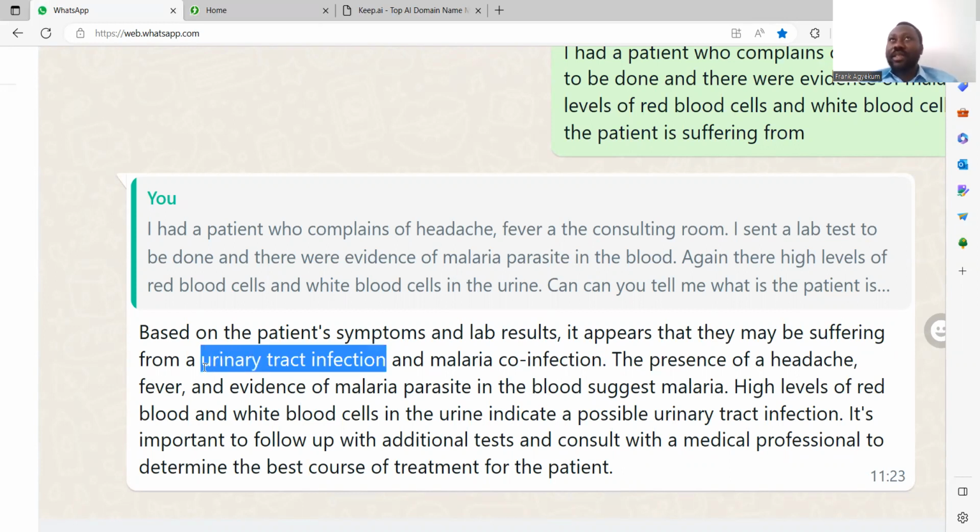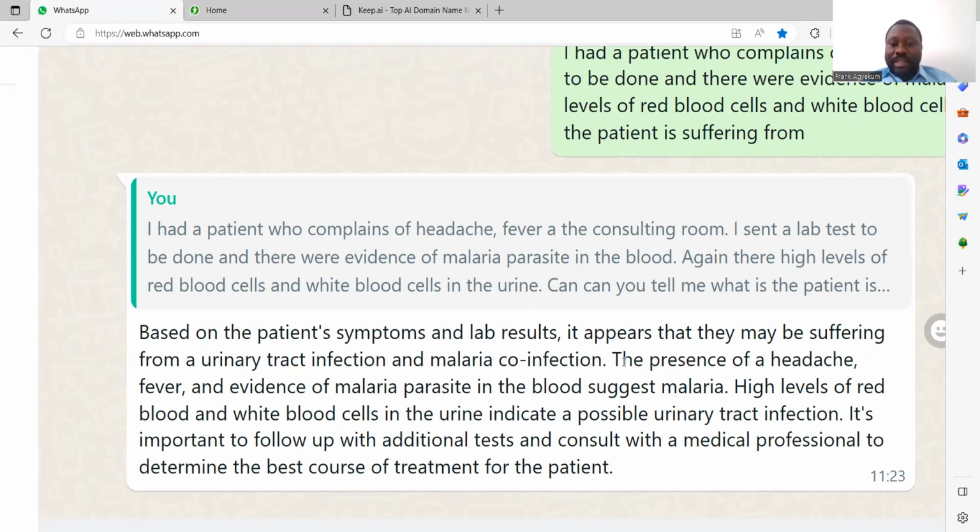And then we said that in the urine, there were red blood cells, okay? When there are red blood cells in the urine, it indicates so many things, right? But the malaria co-infection, if it is too severe, can likely lead to urinary tract complications.